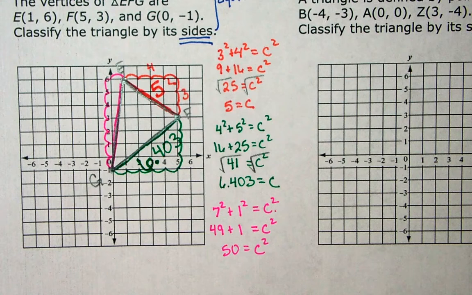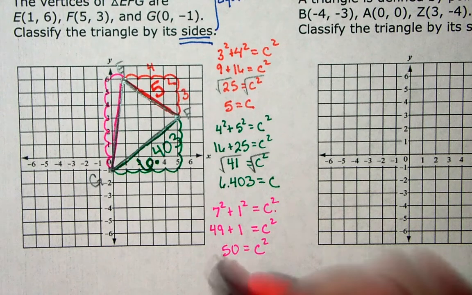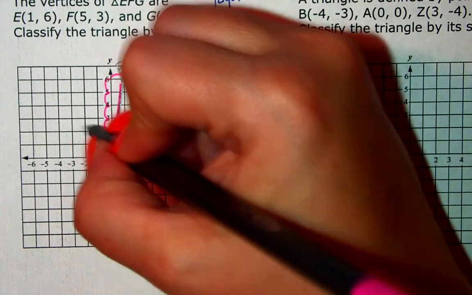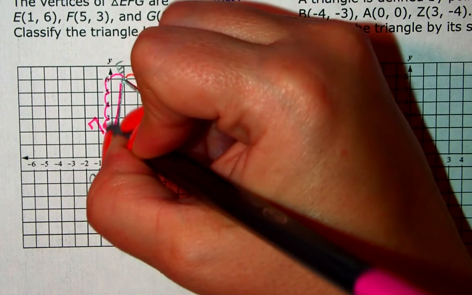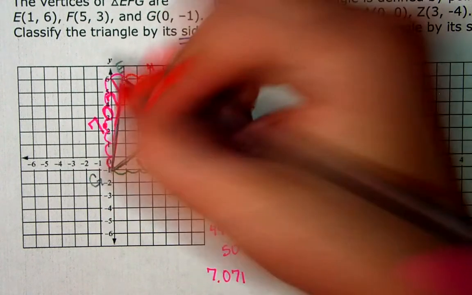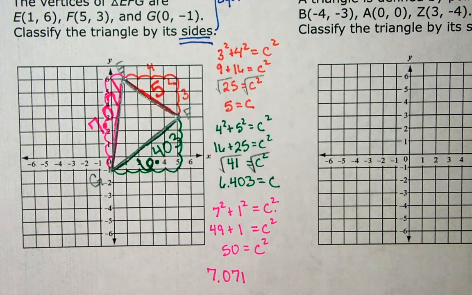It's definitely going to be different. But if I want to know what it really is, on my calculator, I'm going to do the square root of 50, and I get 7.071. Okay, so when I'm classifying this triangle by its sides, all my sides are different.